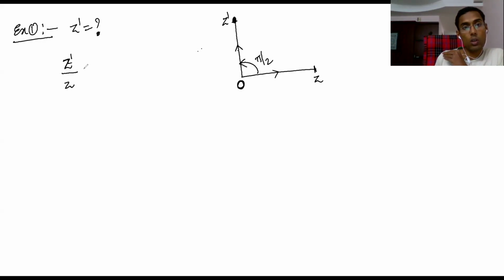Actually, this only I rotate to the right side. That means this equals this; both magnitudes are the same. So Z dash by Z equals modulus of Z dash by modulus of Z into e to the power of i pi by 2.